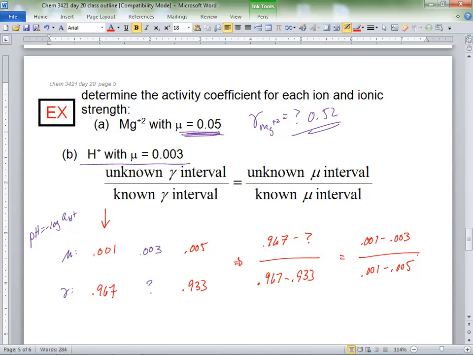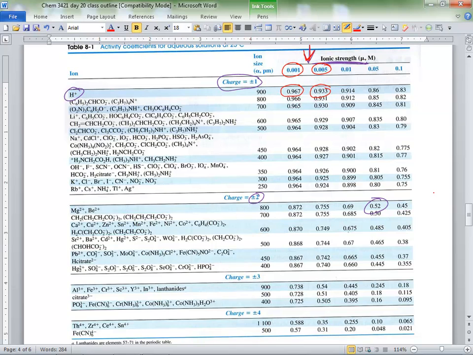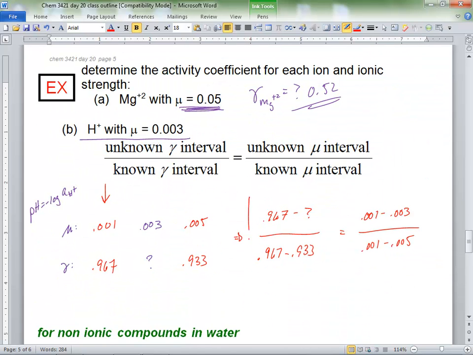Another advantage is there are no negative activity coefficients, so you don't have to worry about taking the higher minus the lower. It's going to work out. We have one equation with one unknown. Let's see what it is. If you're good with parentheses, you can do all this in one step.